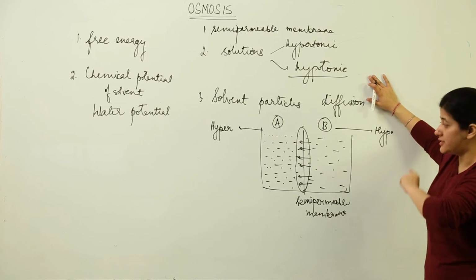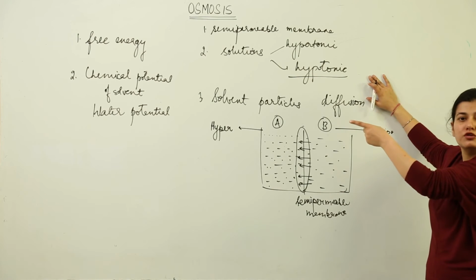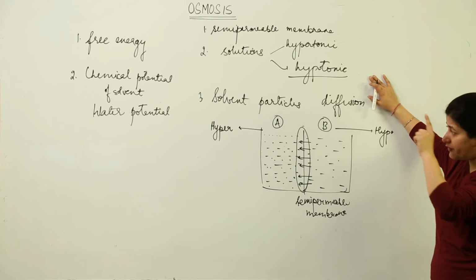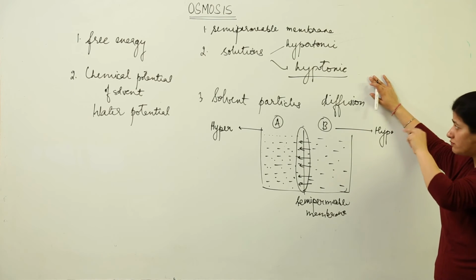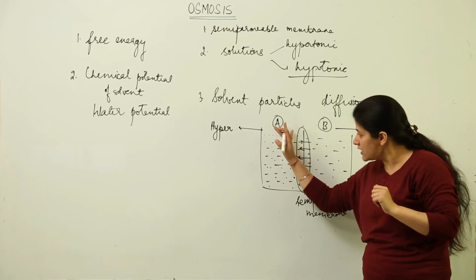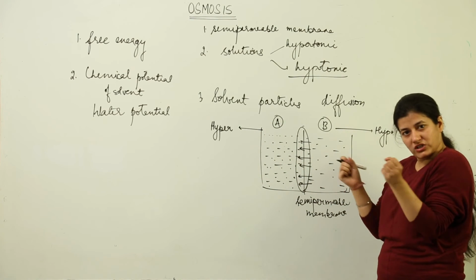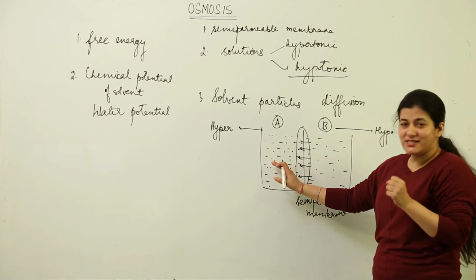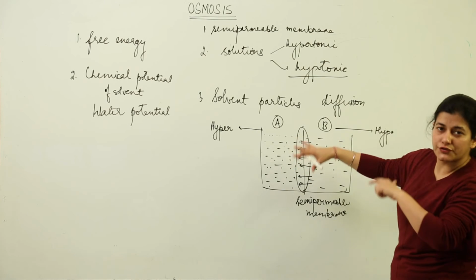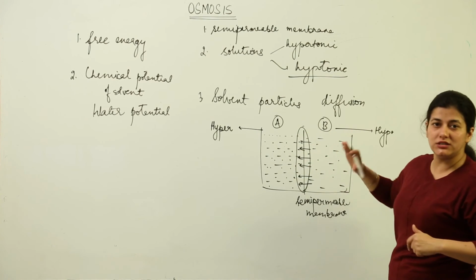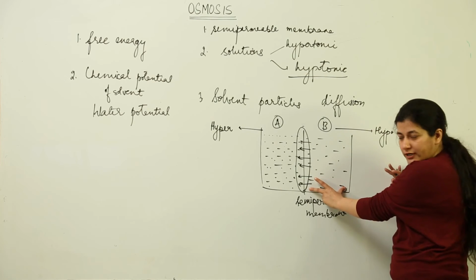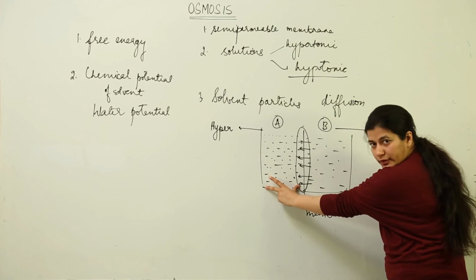But we have to consider the same definition in terms of free energy. You have an idea of what free energy is. The free energy of the solute particles, if I am talking about over here, because you see in the given solution there is so much cluttering, the solute particles have lesser free energy. Because there is no diffusion of solute taking place, we are going to consider the diffusion of solvent. Now consider the free energy of solvent over here and the free energy of solvent in this case.